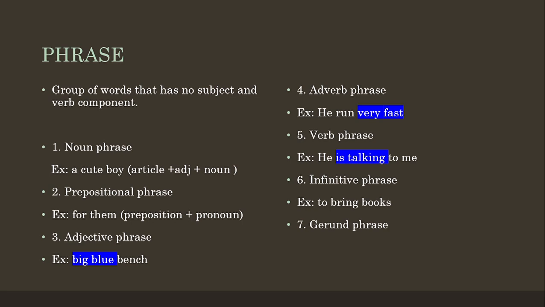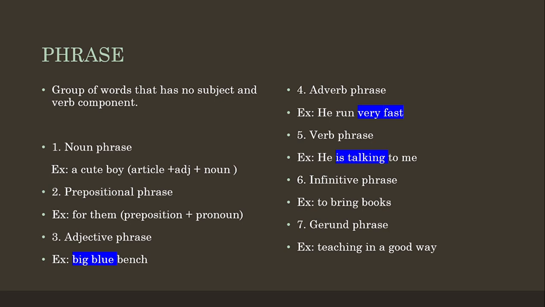Swim is a verb, but when I put the ing form at the end of the word swim, it becomes swimming, so swimming is going to be a noun. So the class of words was changing. Verb becomes noun because of the additional ing form. That's called gerund. So a gerund phrase is a phrase that uses a gerund in it.